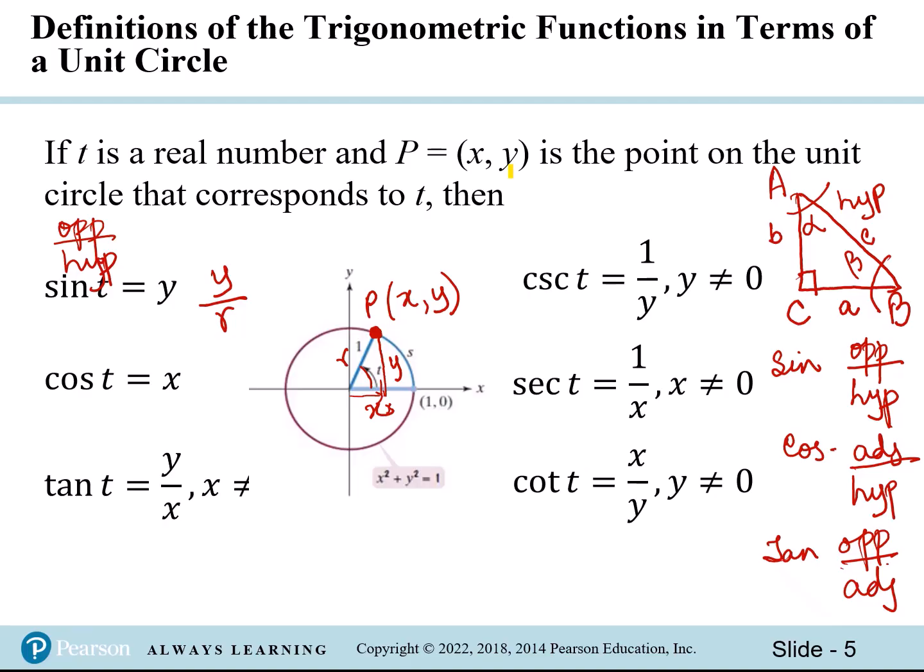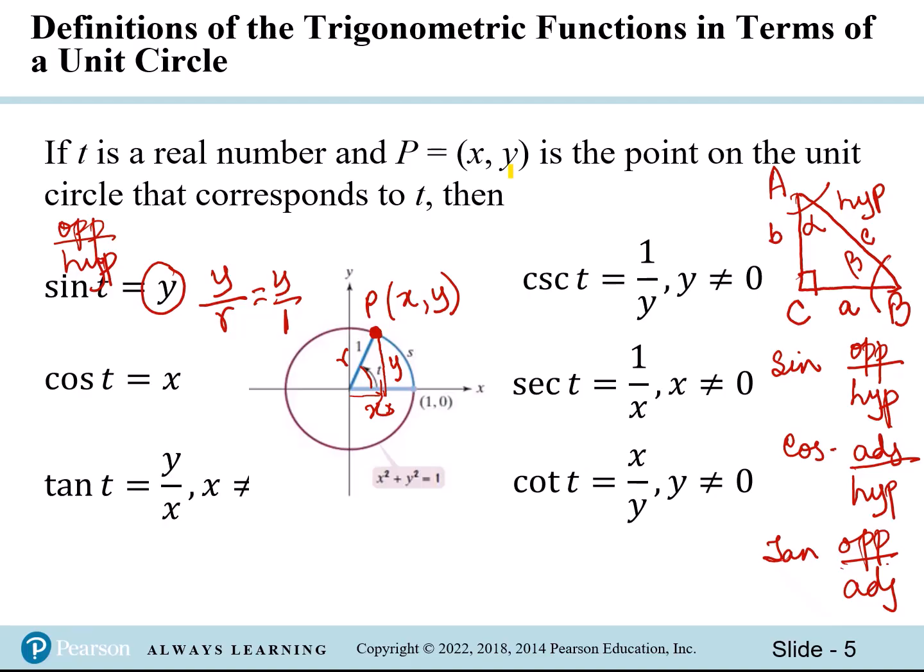That's what the radius of the circle is, and a unit circle will always have a radius measuring 1 unit. So in this case, what is r? R is 1, so y divided by 1, and therefore they say sine of t is y. We can ignore the r, although there is an r, but because its value is a 1, we can drop it and just write it as y.